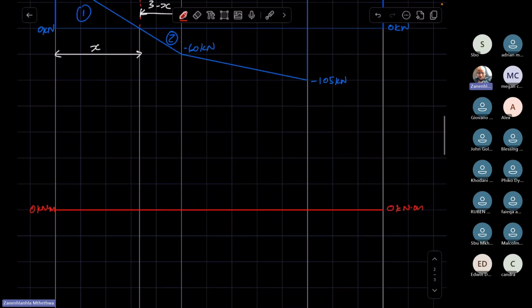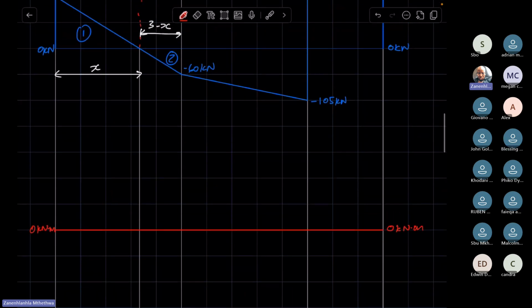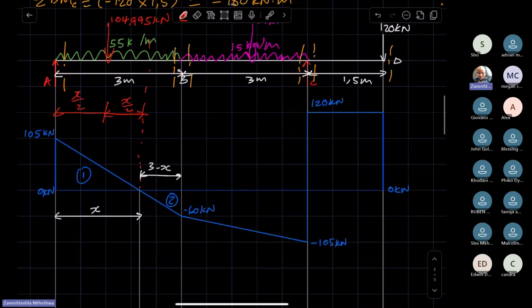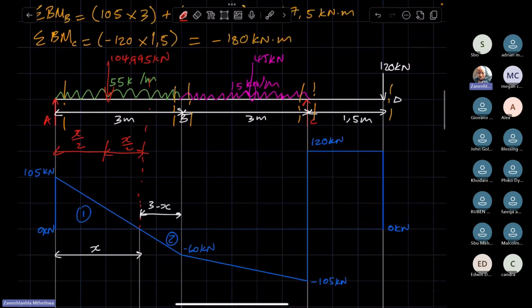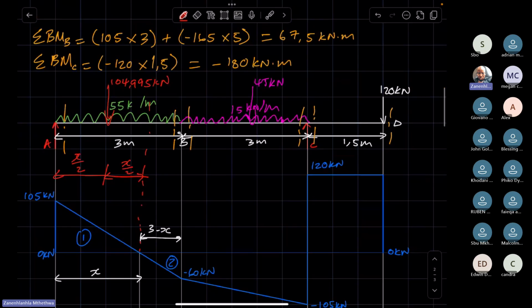Now at point A, we know the bending moment is 0. Point B, it is 67,5.